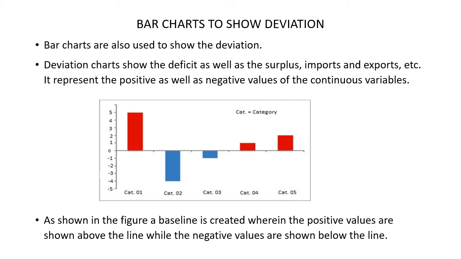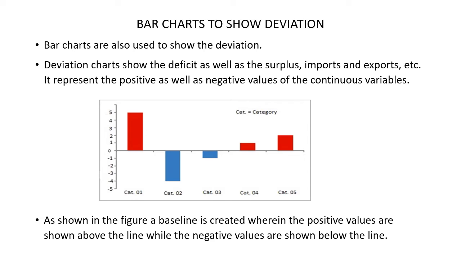As seen here, first a baseline is drawn and the positive values are shown above the baseline, while the negative values are shown below the baseline. So positive values are shown above the baseline, whereas the negative values are shown below the baseline.